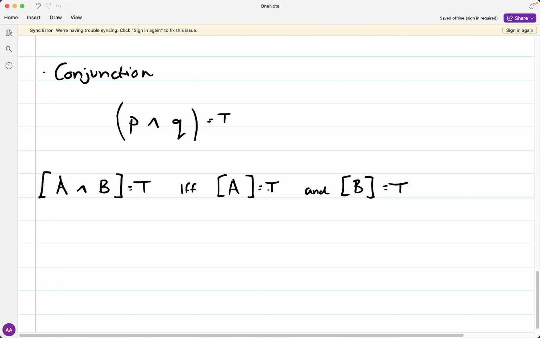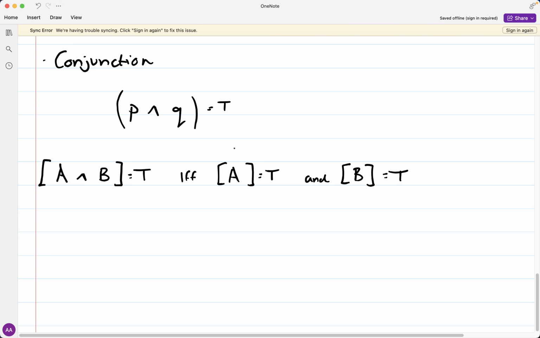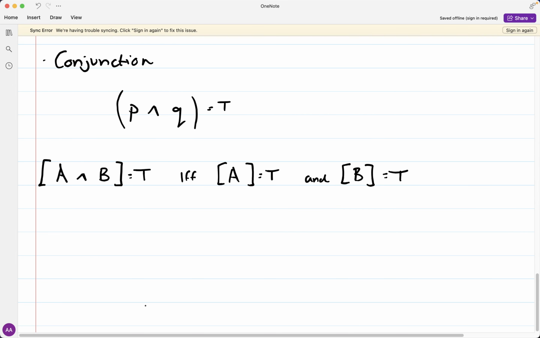If A is true and B is false, then you cannot have a conjunction. Then A and B does not follow. It does not hold that that is true. And so therefore you don't have a conjunction. That is how we define the next logical connective. We have A and B, or P and Q. Okay? Moving on then to the third one, we have a disjunction.